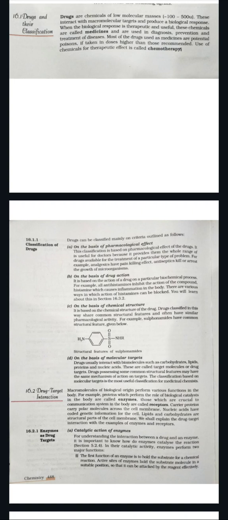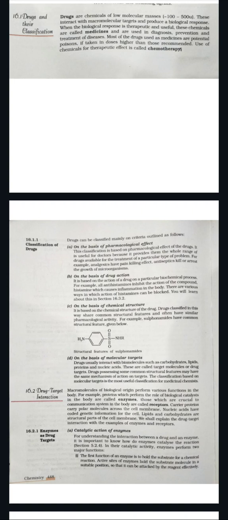On the basis of chemical structure, drugs are classified in a way that they share common structural features and often have similar pharmacological activity. For example, sulphonamides have common structural features. On the basis of molecular targets, drugs usually interact with biomolecules such as carbohydrates, lipids, proteins, and nucleic acids.